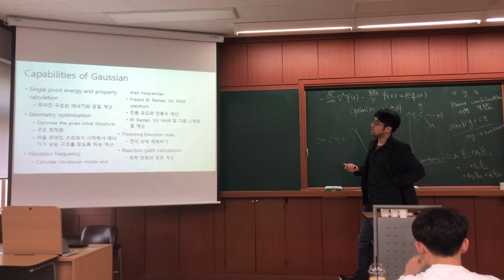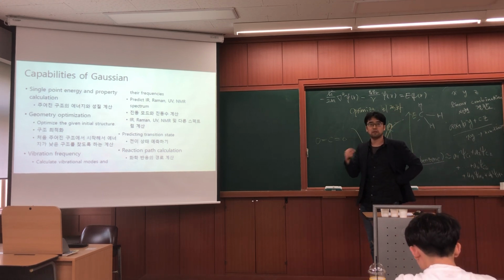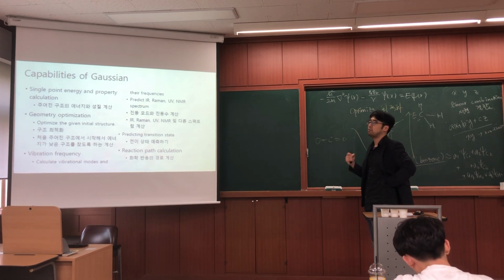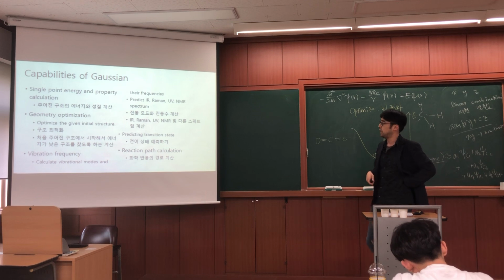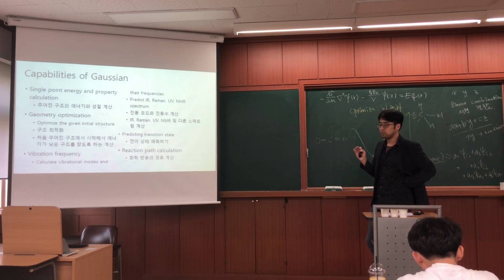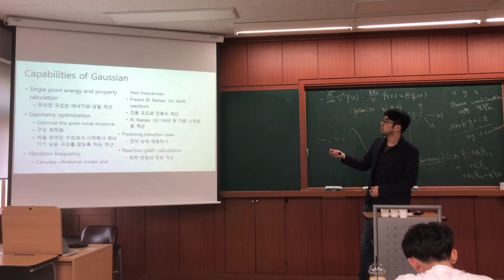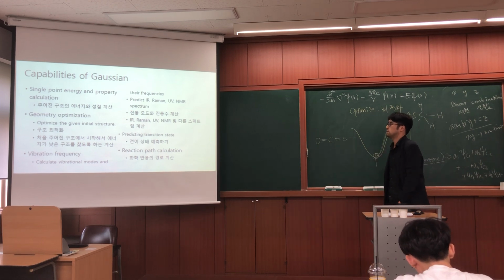Gaussian can calculate how molecules will vibrate and how much energy they will absorb. So we can predict IR, Raman, UV, and NMR spectra without doing an experiment, and compare experiment and theoretical calculations.